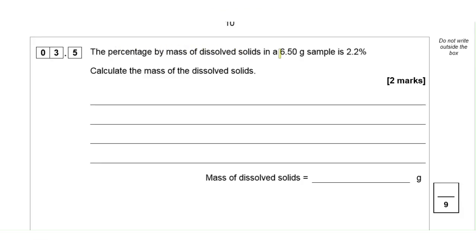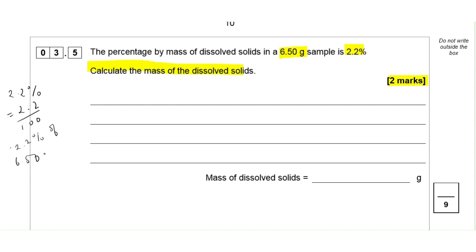The percentage by mass of dissolved solids in a 6.50 gram sample is 2.2%. Calculate the mass of the dissolved solids for 2 marks. This is a mathematical application. So what does 2.2% mean? It means it's 2.2 divided by 100 as expressed as a fraction. We need to find 2.2% of 6.50 grams.